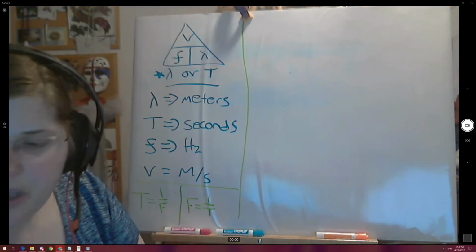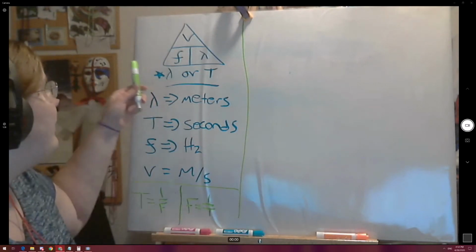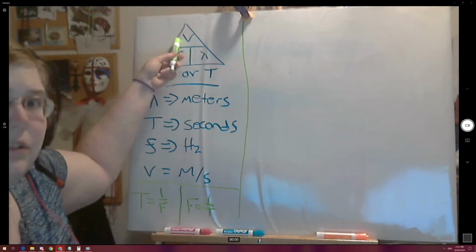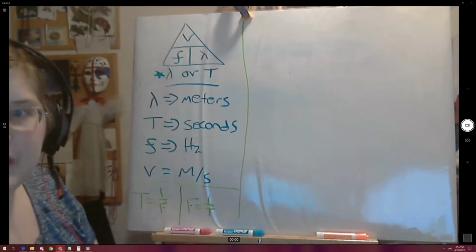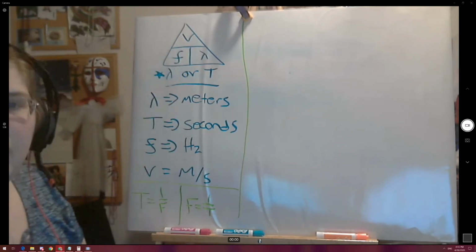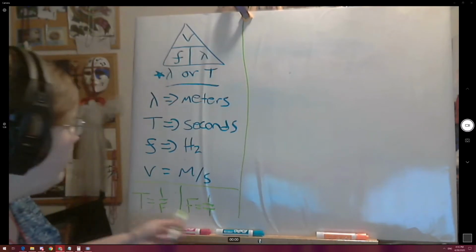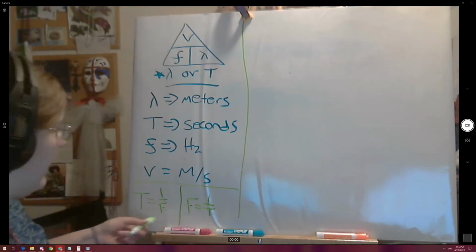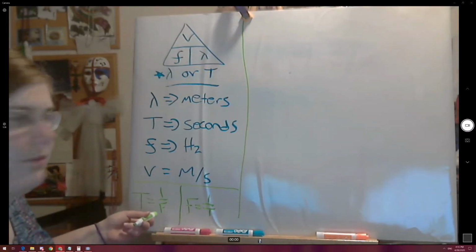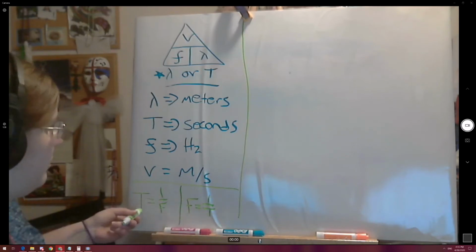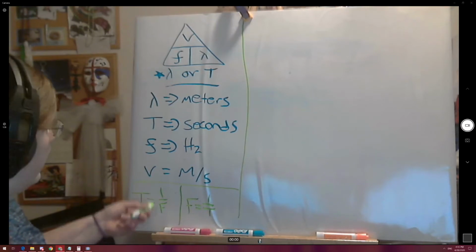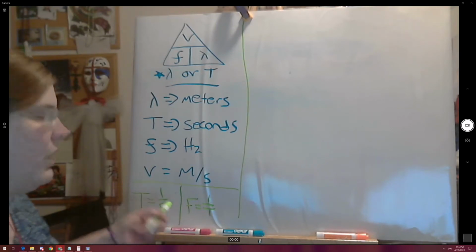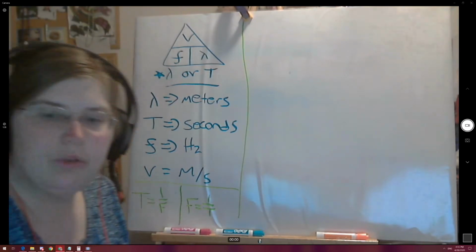And if we're not given a velocity, we can just substitute 1 in for the velocity. On your worksheet, it gives you these two equations down here, F being frequency and T being your period. So you take a look at these and you just substitute in what you need to.